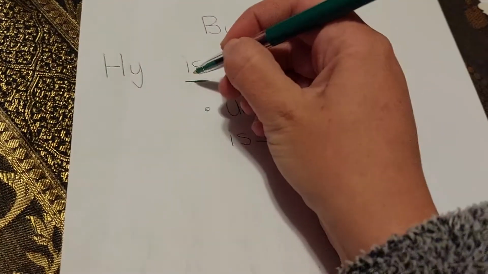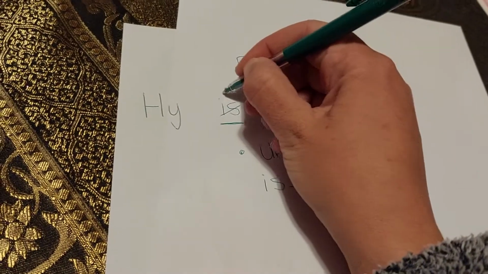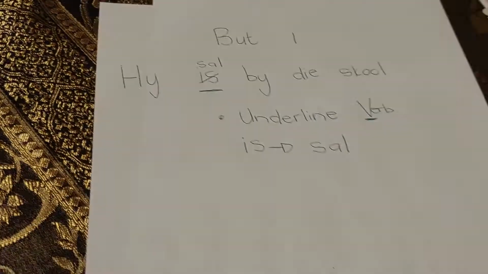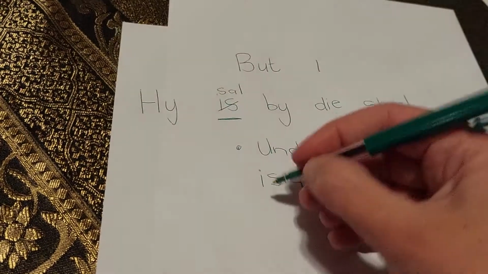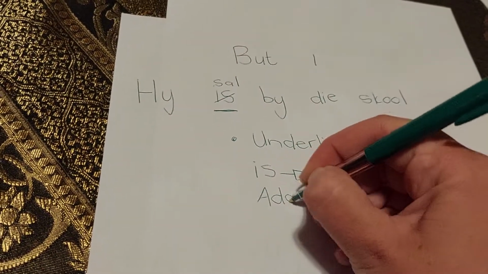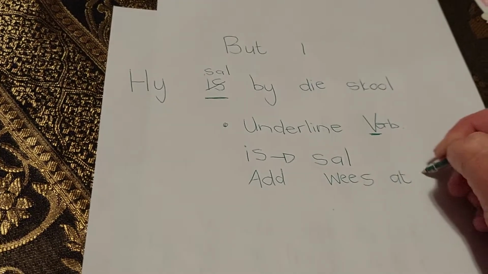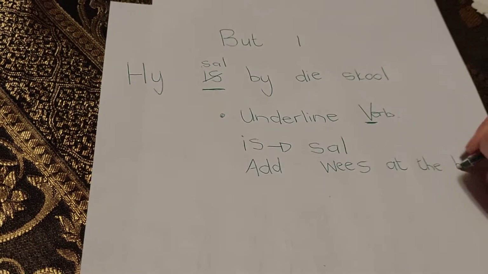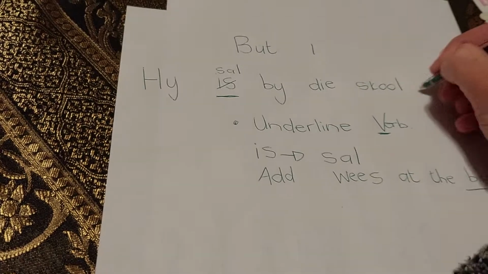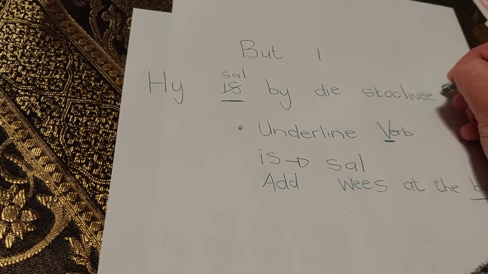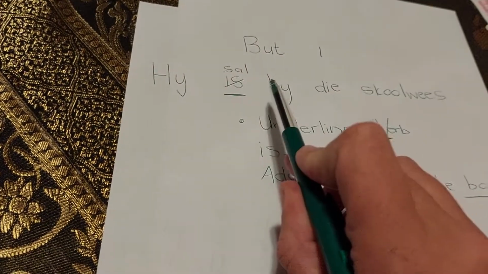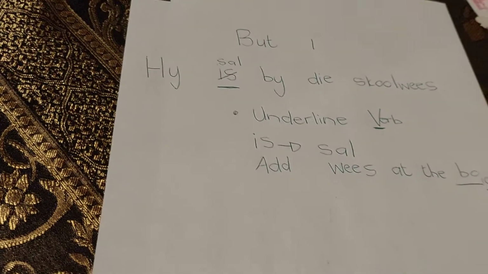Okay, so at the top of this one, we can cross that one out. You write sal, and then you just add a vs at the back. There's our vs. Hy sal by die skool wees.